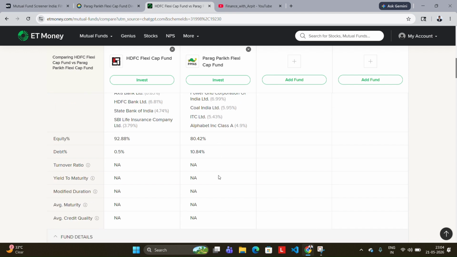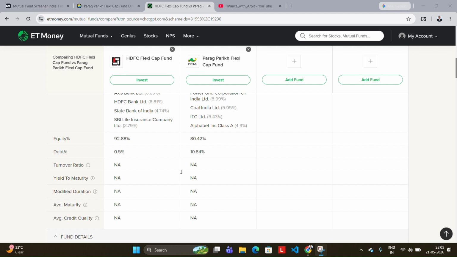Another factor is that Parag Parikh Flexi Cap Fund also has exposure to US stocks in its portfolio. So this is a major point. Parag Parikh Flexi Cap has exposure to foreign stocks also, which gives us the advantage that if we want to invest some of our money in foreign stock markets but don't want to do research about it, we can simply invest in it.